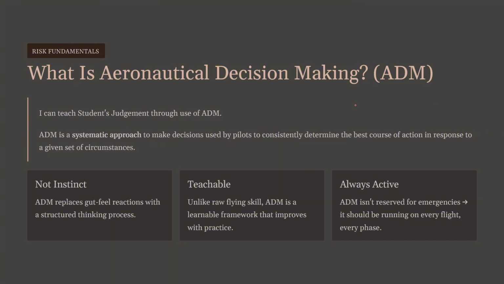It gives structure to the decision-making process, and that is important because good judgment is not something students automatically have. It's something that can be taught, practiced, and improved over time. Also, ADM is not only for emergencies, and it should be used during every phase of flight. Always active. Okay.